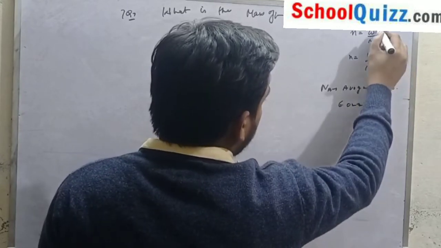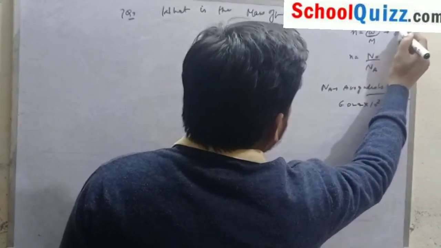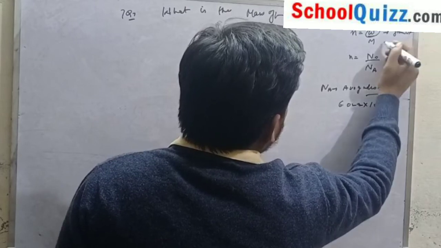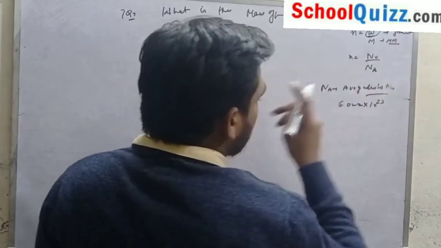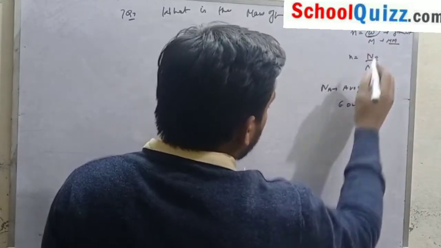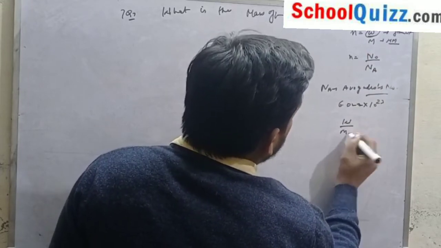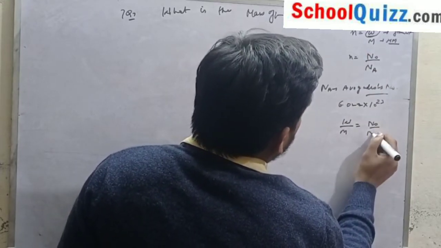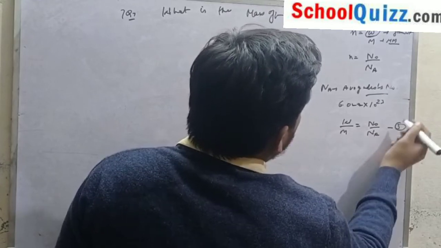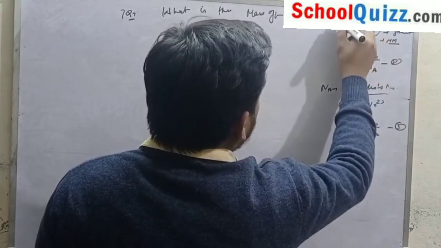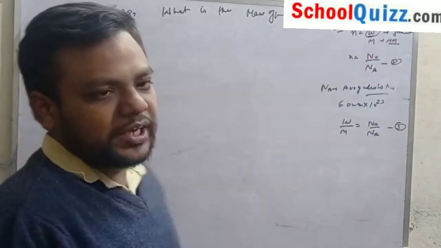W is our given weight and m is our molecular mass. And the third formula is w upon m equal to N upon NA. There are only three formulas, and on this basis the question will get solved.